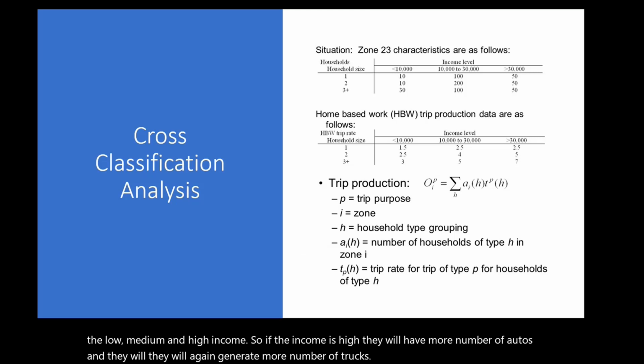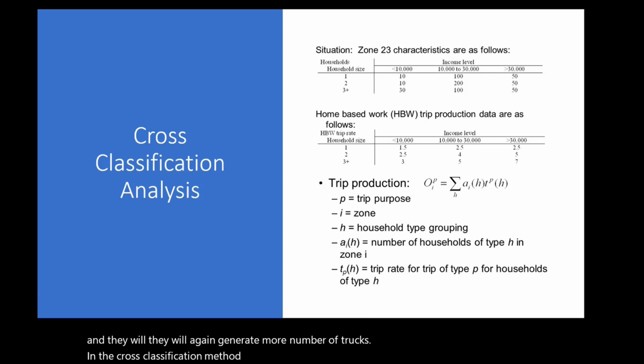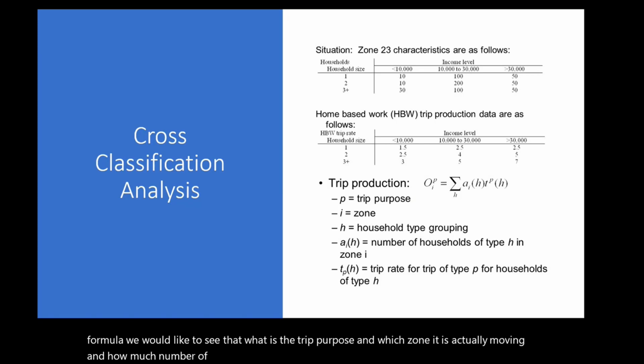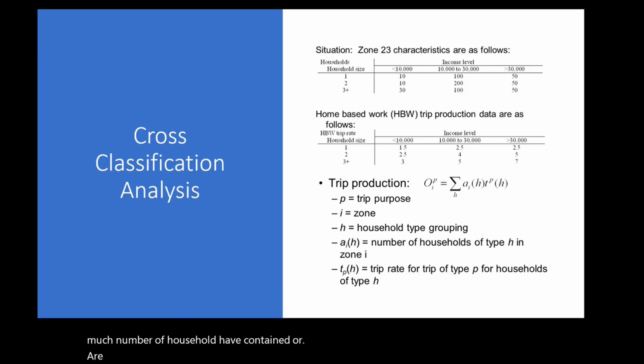In the cross classification method, as you can see here, we have different households and they have different income levels. So we would like to understand what their trip is from that specific formula. We would like to see what the trip purpose is and which zone it is actually moving to, how many households exist within that specific TAZ zone, and how many vehicles they have.